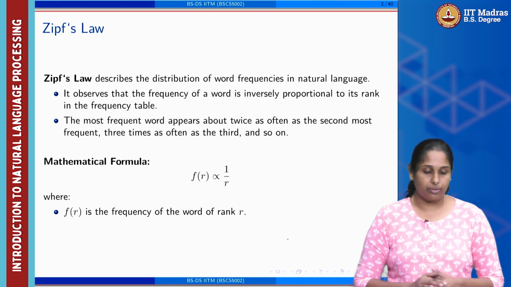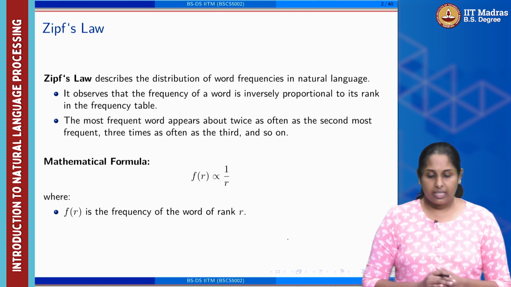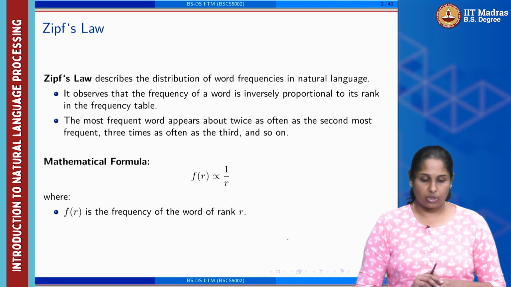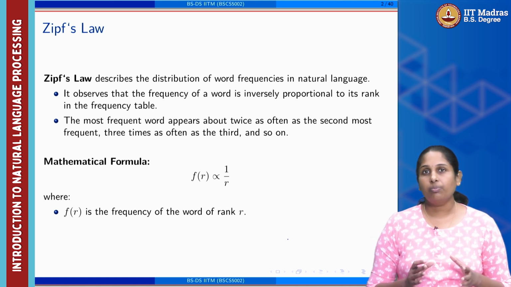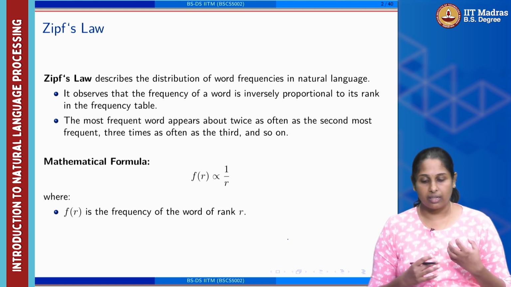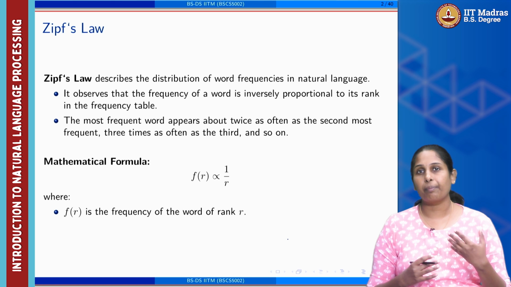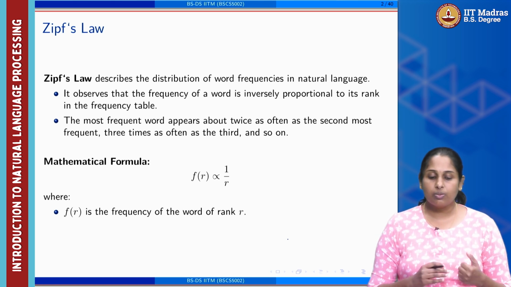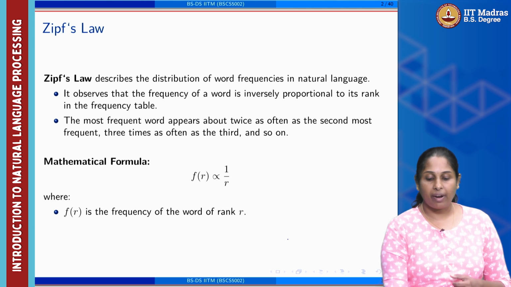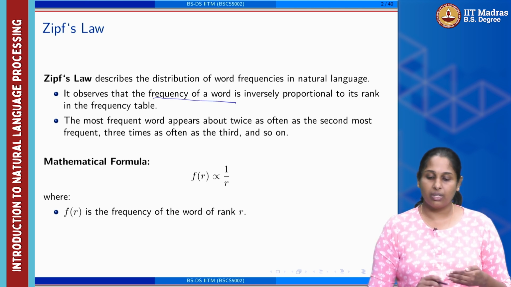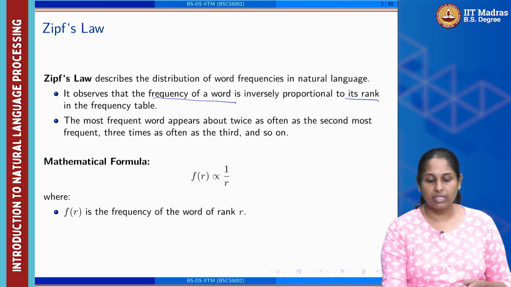Let's talk about Zipf's law. Zipf's law describes the distribution of word frequencies in natural language. We know that a corpus is nothing but a number of words associated with it, right? So we have a number of words, and sometimes a particular word can repeat multiple times. Now what Zipf's law observes is that the frequency of a word is inversely proportional to its rank.